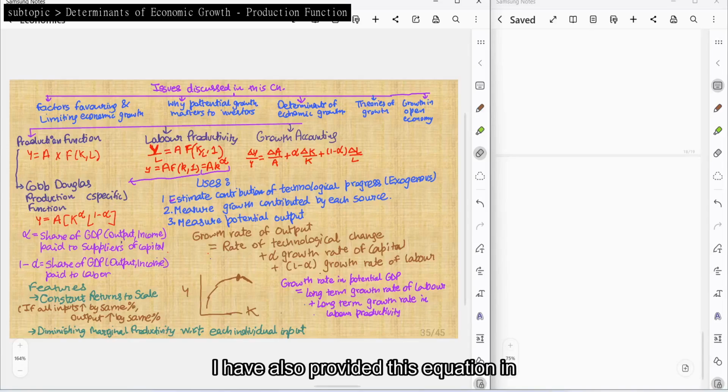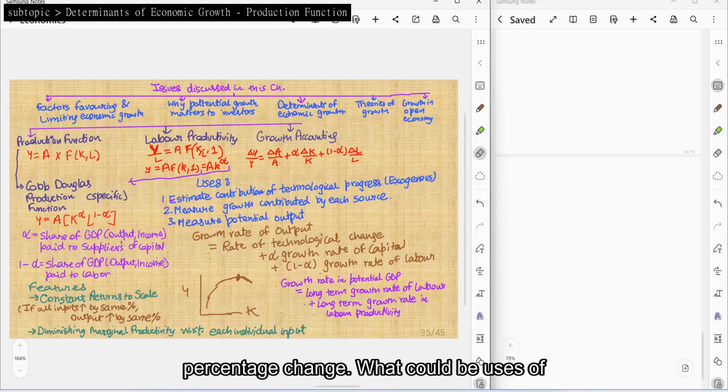I have also provided this equation in written form here, where I have expressed it as growth rate of output equals rate of technological change plus alpha into growth rate of capital plus 1 minus alpha into growth rate of labor. This equation can be derived from the Cobb-Douglas production function, and this equation deals with the percentage change.